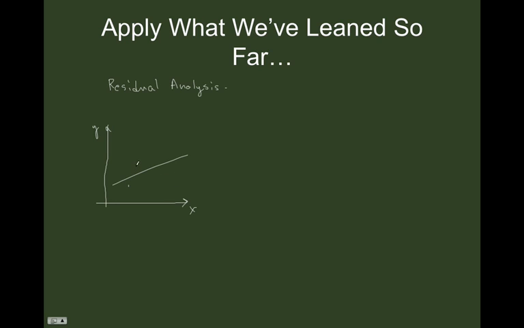All right, so here's the line, and suppose that I have a few points. I'm not going to go crazy here. I'll just put a few points around the line. And what I'd like you to remember is that the distances between the observed values, which are the points, and the predicted values, which are the corresponding y values on the line, those differences are what we call the residuals. And sometimes we notate that with an e, and the e comes from error.